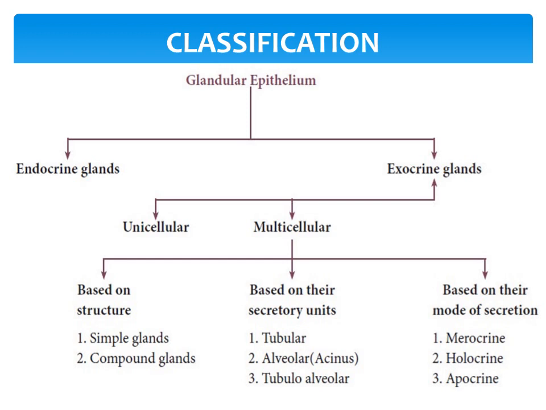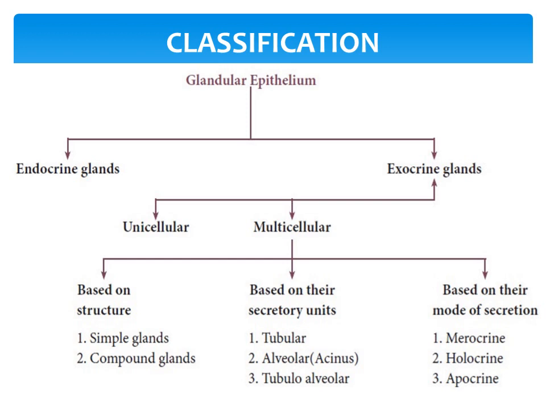Then the exocrine gland is again classified as unicellular as well as multicellular. Then the multicellular glands are further classified into various types. First, based on structure, they are classified as simple glands and compound glands.